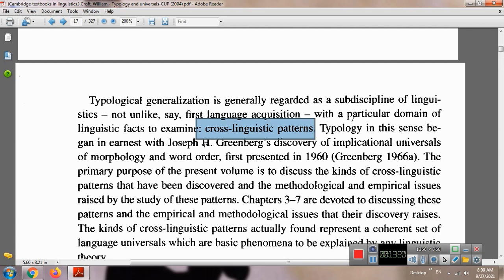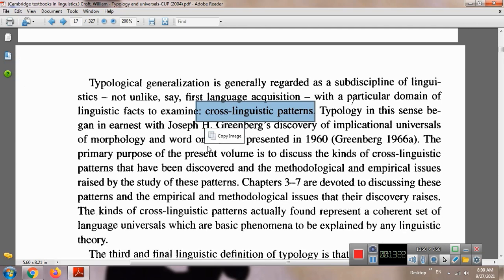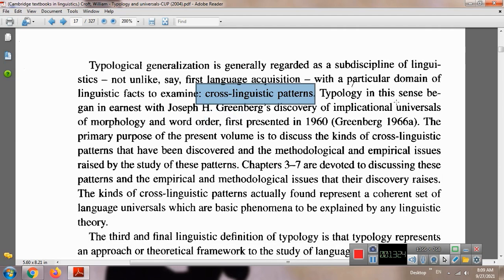We find the cross-linguistic patterns. Typology, in this sense, began in earnest with Joseph Greenberg's discovery of implicational universals of morphology and word order, first presented in 1960.